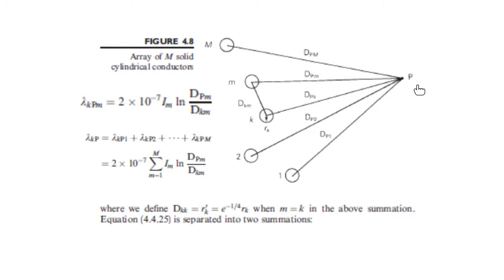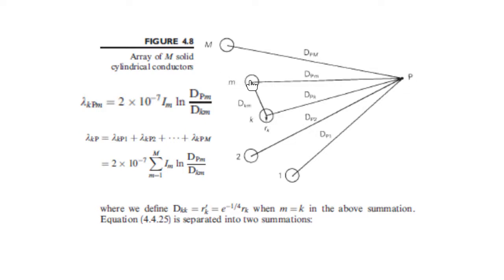conductor at a point. If we have just one conductor at a point, then we already discussed the distance. Here, we have another conductor, so the effect of conductor M on K. Then we have an inductance here, where we are measuring at point P. So we want to find the inductance at this point, due to the effect of conductor M on K, not just the effect of conductor M on this point.